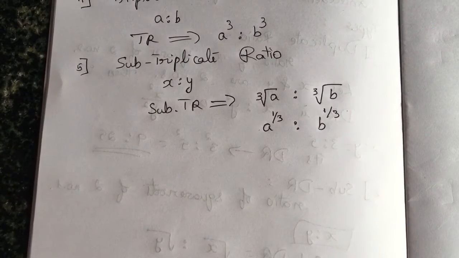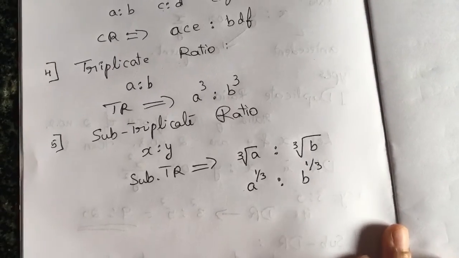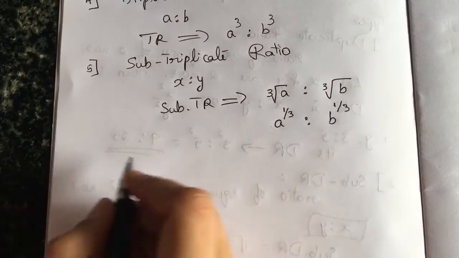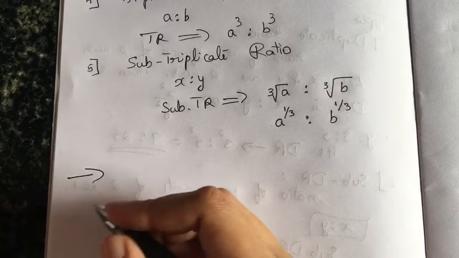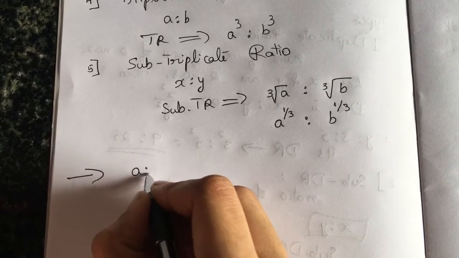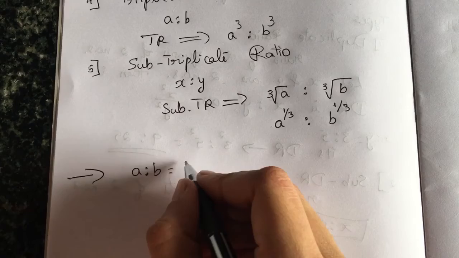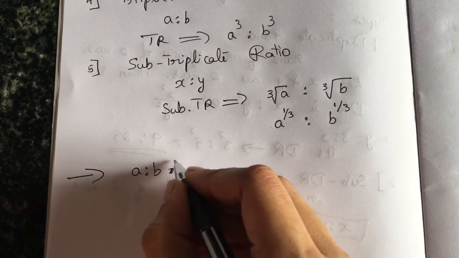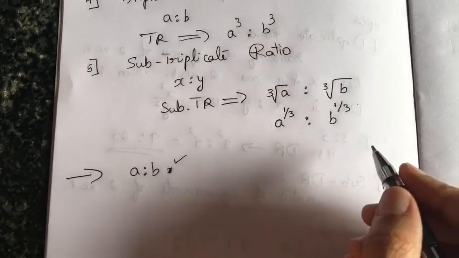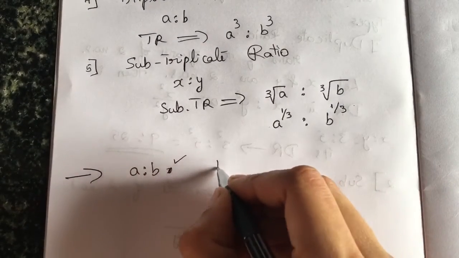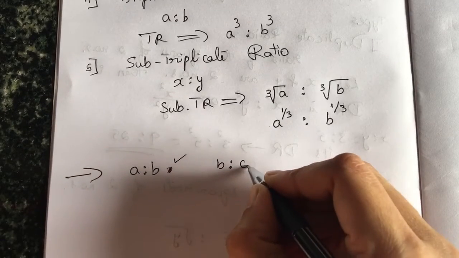There are a few points to remember. Suppose A is to B is given, and B is to C is given.